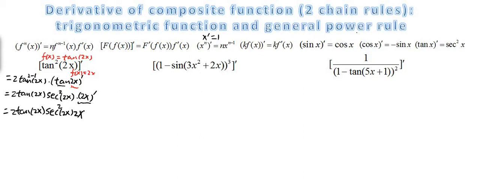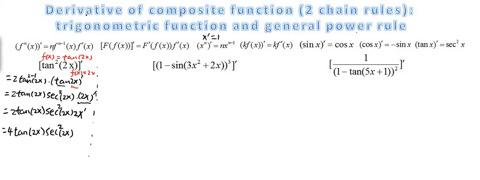We only do the derivative for the x. Derivative of x equals 1. So 2 times 1 is 2. So 2 times 2 is 4. So we have 4 tangent 2x secant 2x square.